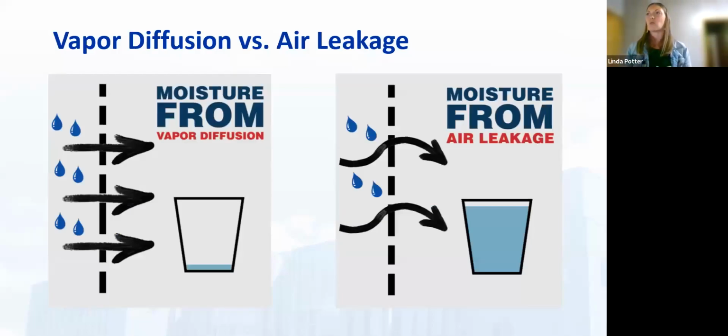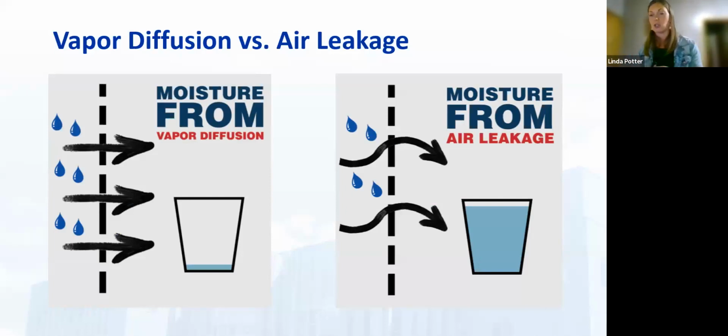And the reality is that we get caught up a lot talking about vapor diffusion. I'm sure you've seen this visual, which shows really what we're dealing with in terms of moisture impact when it comes to vapor diffusion, where if we allow that water to go through, it's really minimal in this cup, but still important if we're thinking about high performance and really impacting the energy consumption of our buildings.